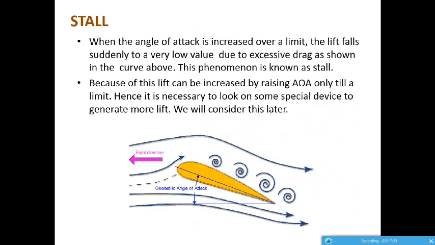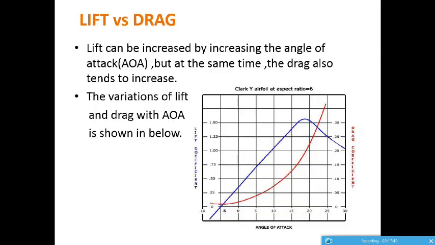Stall. Stall is nothing but the sudden loss of lift in an airfoil or an aircraft. As we learned from the previous graph, when we increase the angle of attack too much, maybe until this point, the drag suddenly increases and lift suddenly decreases.